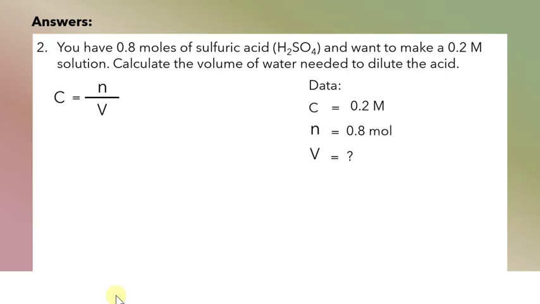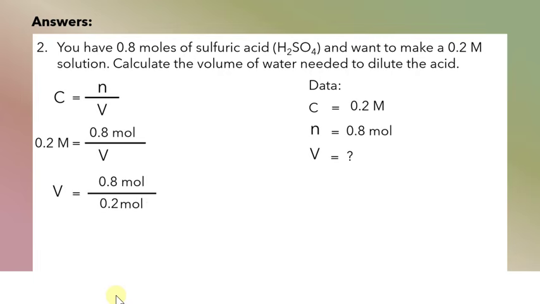Then volume is unknown. So we'll just substitute where this is concentration, we'll put 0.2 molar equals number of moles, 0.8 moles over volume we don't know. So we'll make volume the subject of the formula, which will be volume is equal to 0.8 moles over 0.2 molar, which is mole per cubic decimeter.